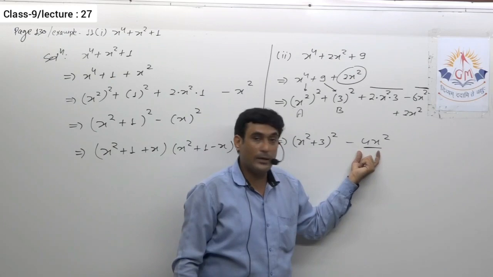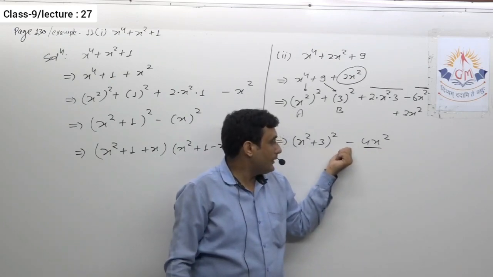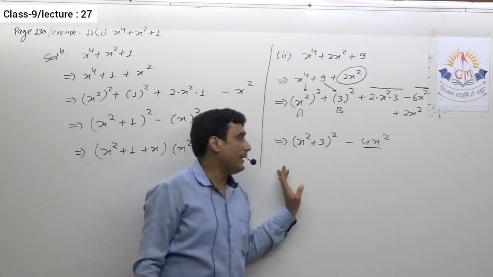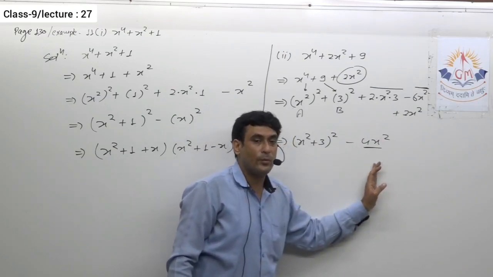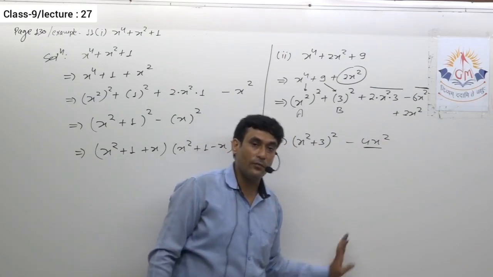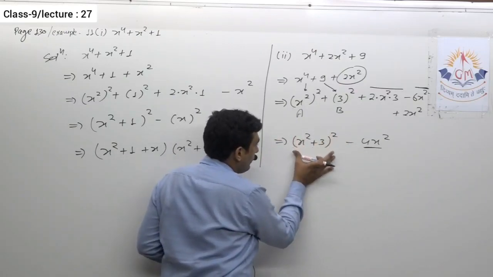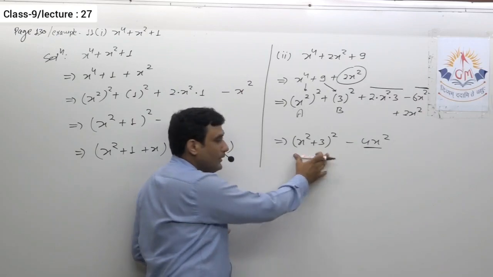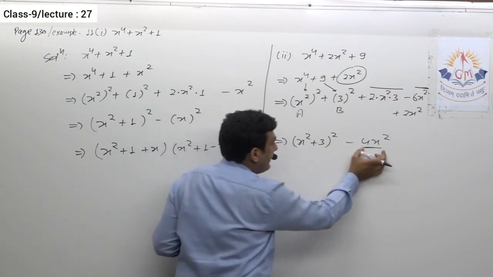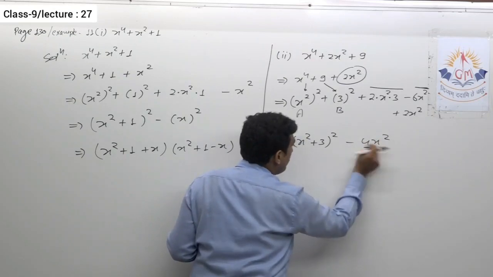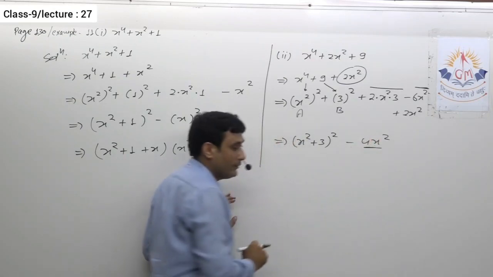First of all, it should be a complete square, and another thing, there should be a minus sign before that. Why so? So that I can again apply the identity of a square minus b square to factorize it further. Here it is possible to factorize it further because this definitely is a complete square that I made on my own, and this I got as a resultant, which is again a complete square of 2x with a negative sign.